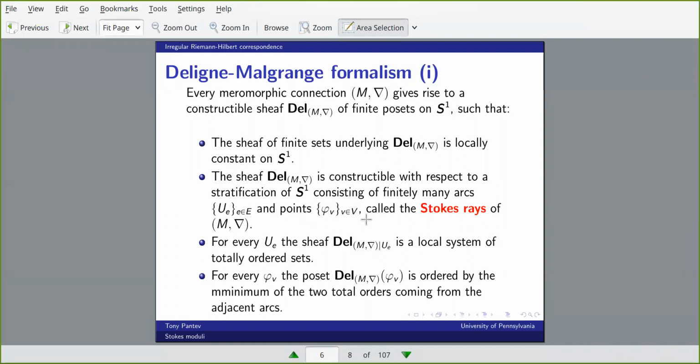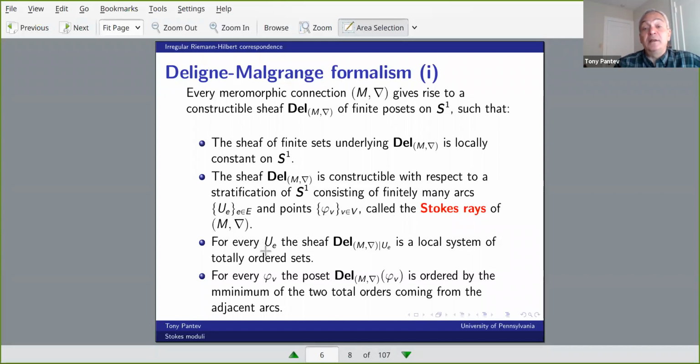In fact, in the classical terminology, they're called the anti-Stokes rays, but it's a mouthful to say anti-Stokes rays, and the Stokes rays are never going to appear, so I'm not going to call them Stokes rays. So there are finitely many arcs which meet at points. The circle is just broken by a bunch of points.